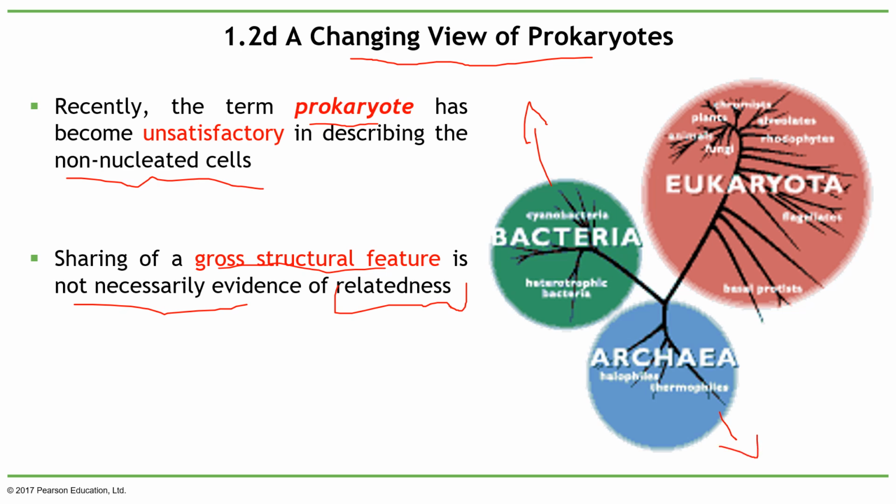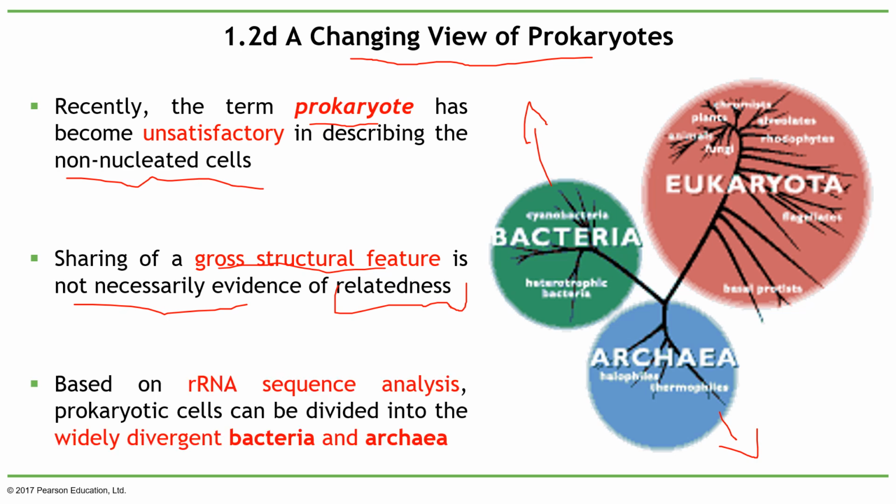So, for example, one way to analyze similarities and differences in phylogenies is using ribosomal RNA. You look at the sequence, and these sequences are a perfect way because they don't change a lot, to analyze how close or how far different organisms are.